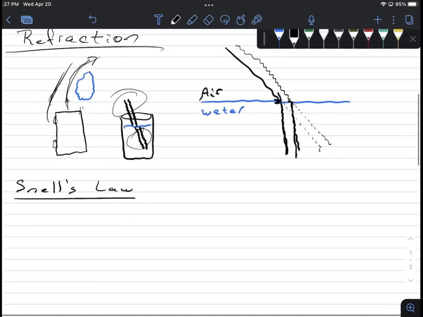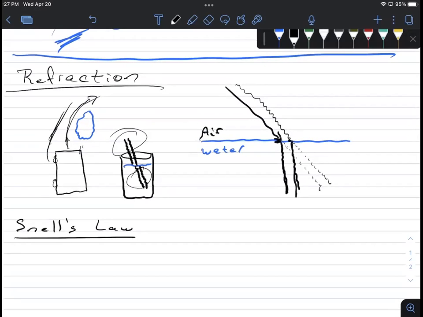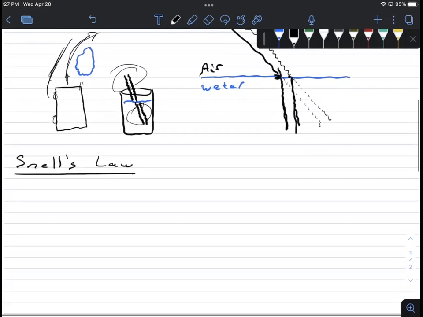And what Snell's Law says is, let's say we're going from one medium to another, okay? So maybe from air to water. The first medium we'll call medium 1. The second medium, what the light is going into, is called medium 2. And Snell's Law says that there's something called N, the index of refraction, which I'll talk about.